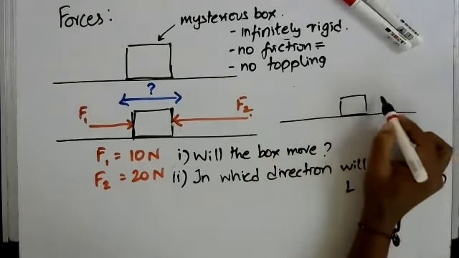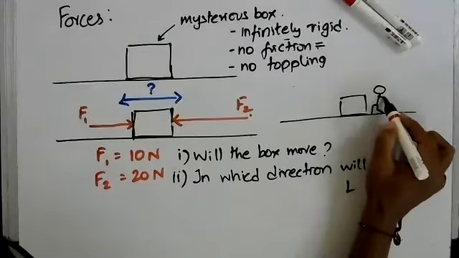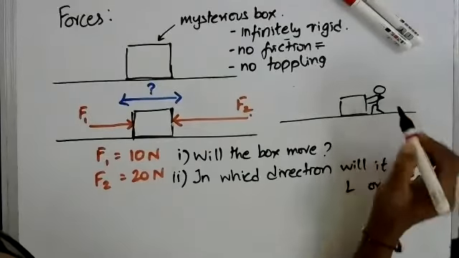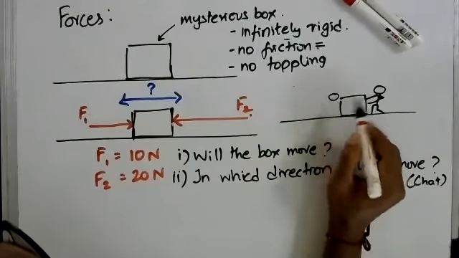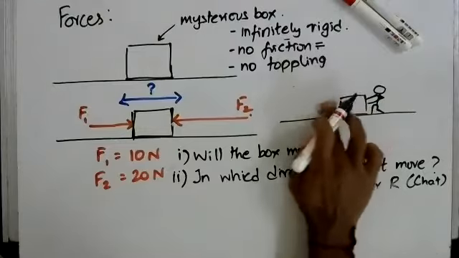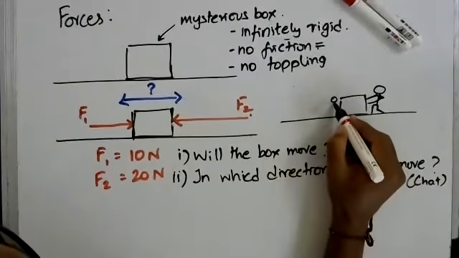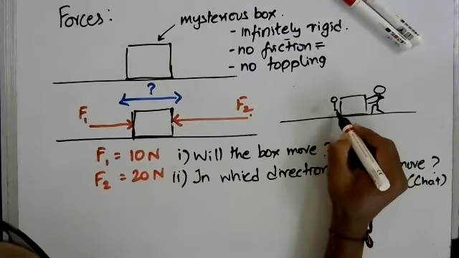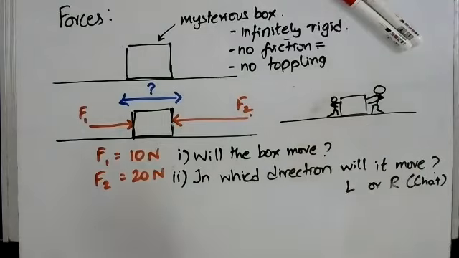The situation can be something like this: there are two people pushing it, one of them twice as strong as the other. So the force is being applied on the box from both directions. The only thing is, on one side the force is greater. There is no distance involved in this.